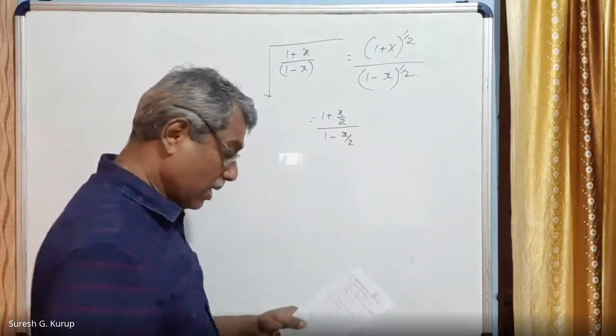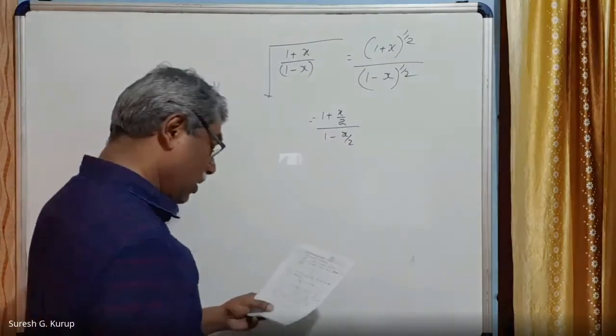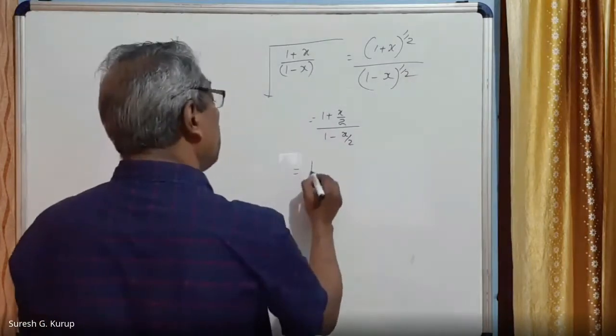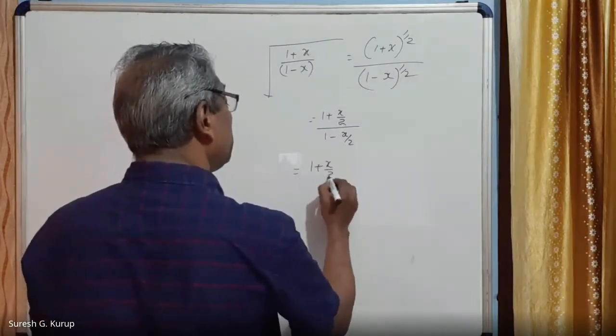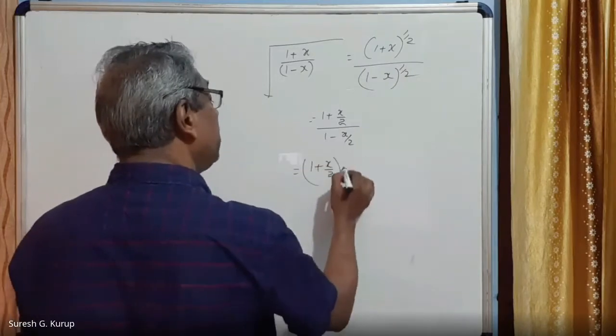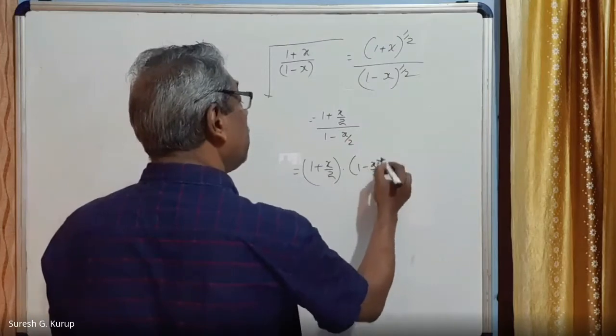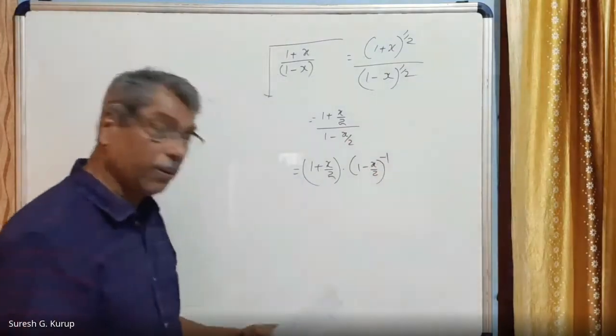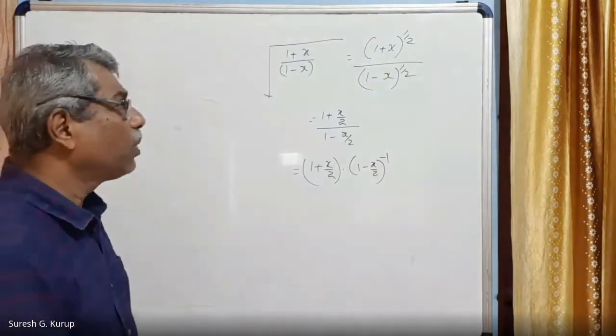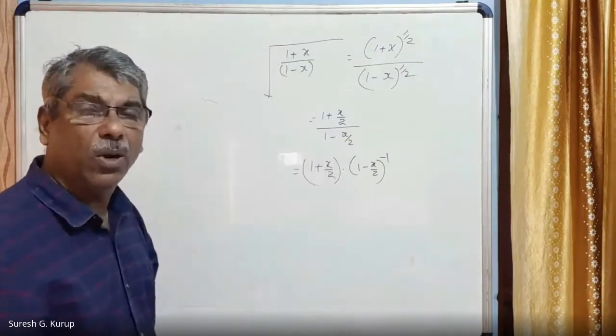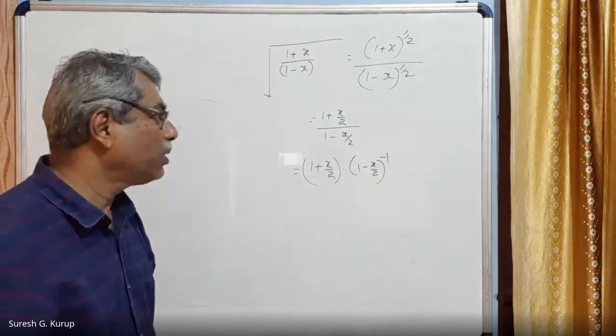Okay. Now this is equal to 1 plus x by 2 into 1 minus x by 2, the whole raised to minus 1 we can write. Because 1 by x is equal to x raised to minus 1.